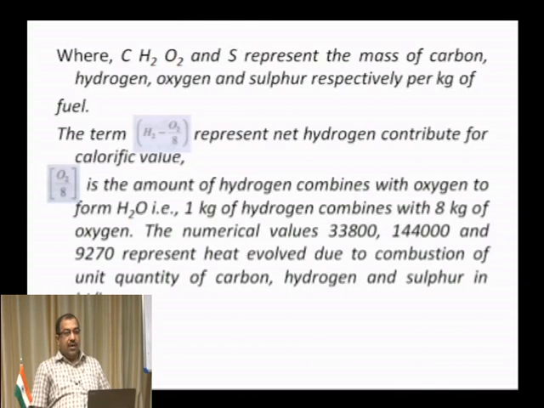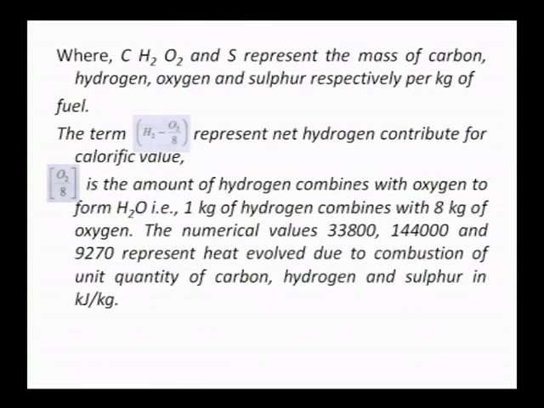The term (H2 minus O2 by 8) represents the net hydrogen contribution to calorific value. O2 by 8 is the amount of hydrogen combined with oxygen to form H2O. So, this oxygen is mixing with the hydrogen to produce water.